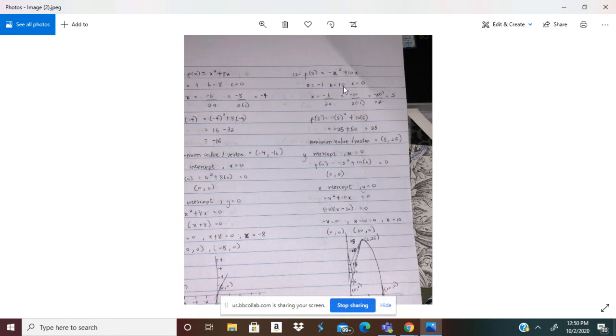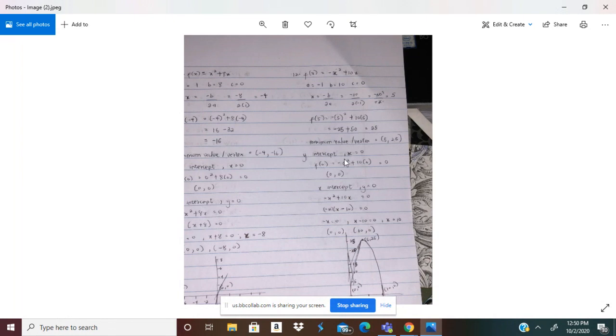I substituted the numbers into it, so I got 5 here. Then f of 5 is negative 5 squared plus 10 times 5, so negative 25 plus 50, which is 25. The vertex is 5, 25.